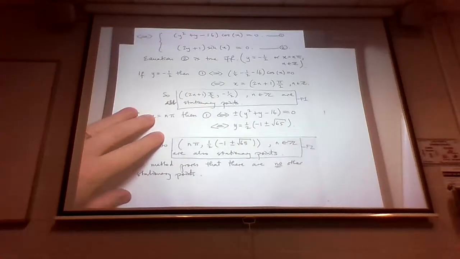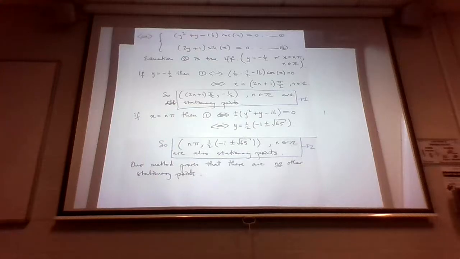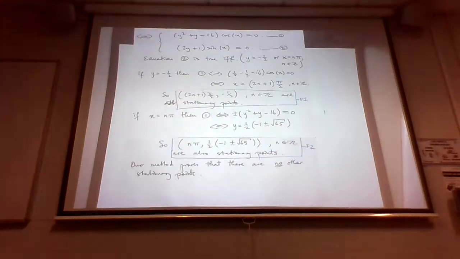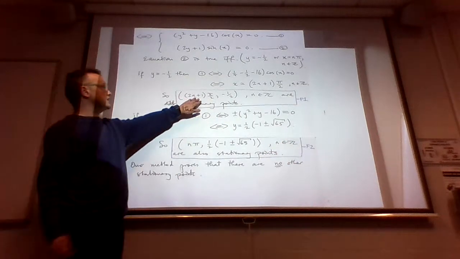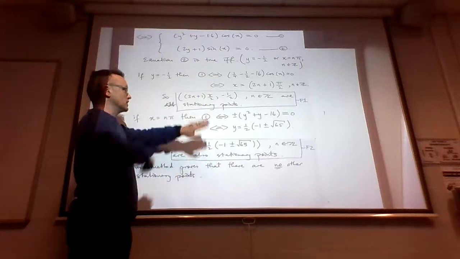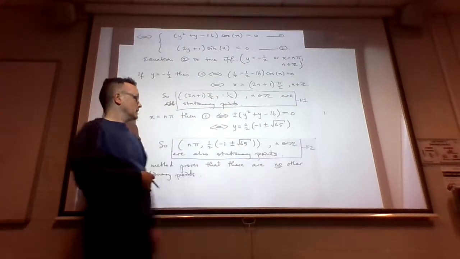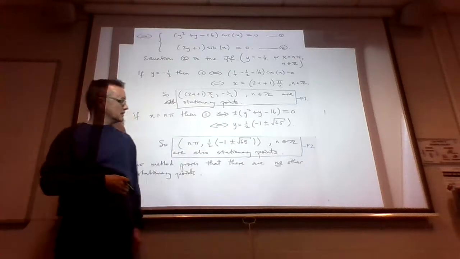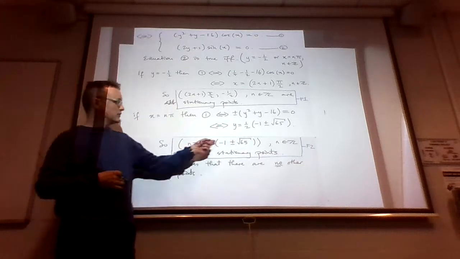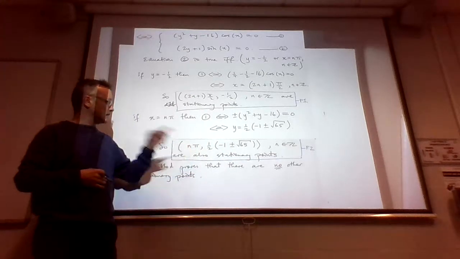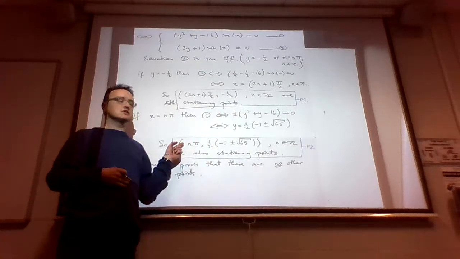Now this fits with our investigations of the surface. These points here are a row of stationary points with a changing x coordinate but a fixed y coordinate. These ones down here are really 2 rows. We've got 2 alternatives for the y coordinate and an infinite set of x coordinates.